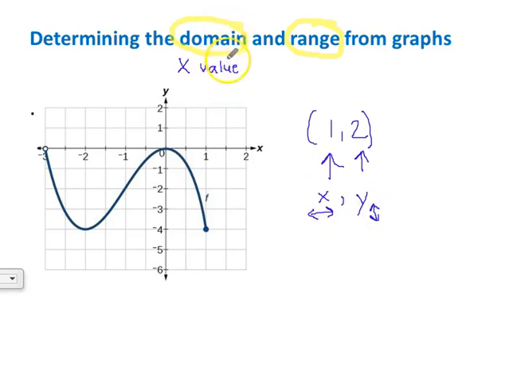So domain is all the possible x values, where the range is going to be all of our possible y values. Write this down in your math notebook: domain is our x values and range is our possible y values. So we can look at a graph and determine all of our x values and y values, or our domains and ranges.